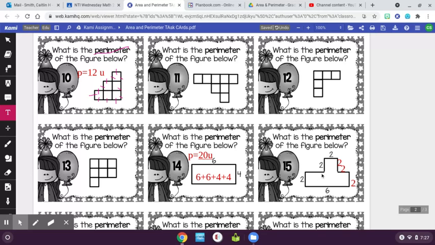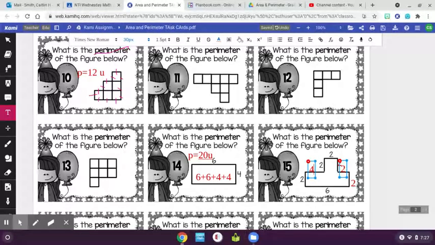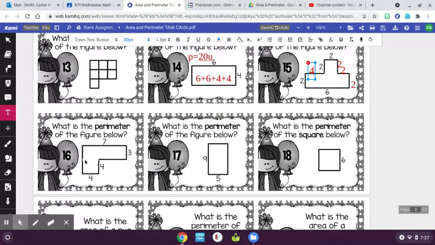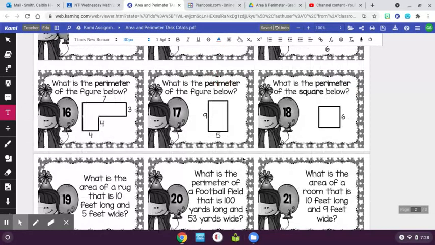But I know if this is 6, let's go ahead and make this 4. Then I just simply go around and add up the sides. If it gives you a missing part, like this one over here, you would have to add 4 and 3 to make this missing side 7. This is just a nice little rectangle, so it's easy to fill in the sides.